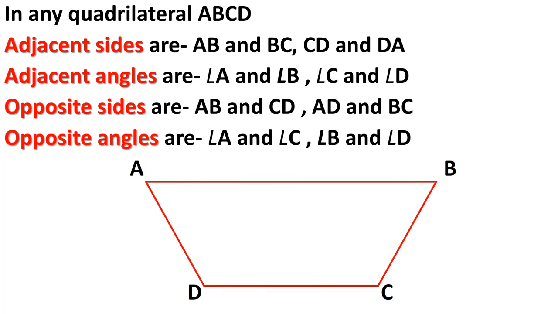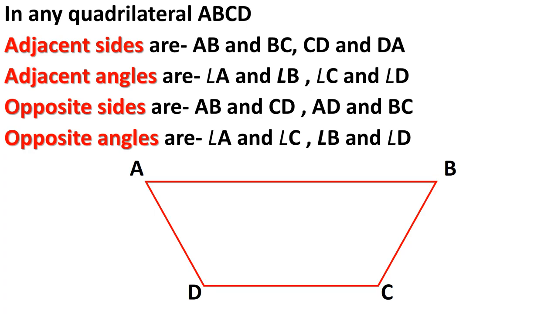Opposite sides are those in which no vertex is common. AB and CD, no vertex is common here. AD and BC, in this also no vertex is common. Opposite angles are those in which no arm is common. Angle A and angle C is one pair of opposite angles.